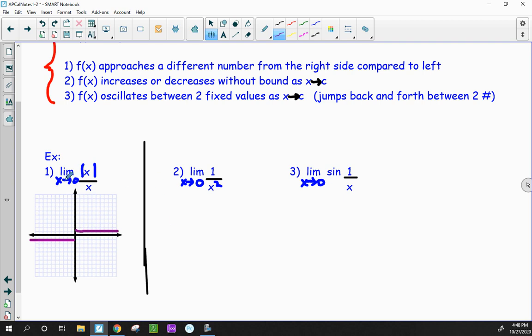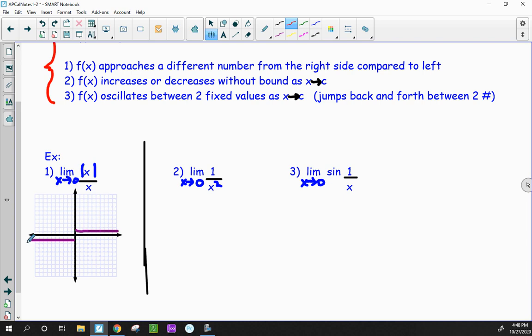Okay, so as x approaches 0, what's happening to this graph? Well, notice if I come in from the left at -10 and -9, the y value is at -1. All these y values are -1. If I approach it from the right side and look backwards, in this direction towards 0 on the x-axis, the y values are not at -1, but they're actually at +1.